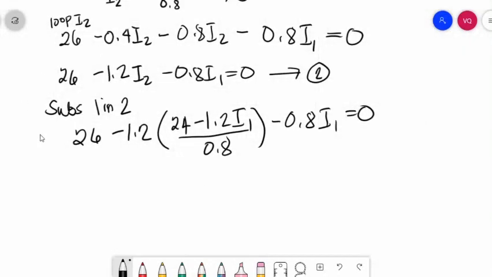So, multiplying both sides by 0.8, 26 times 0.8 is 20.8.